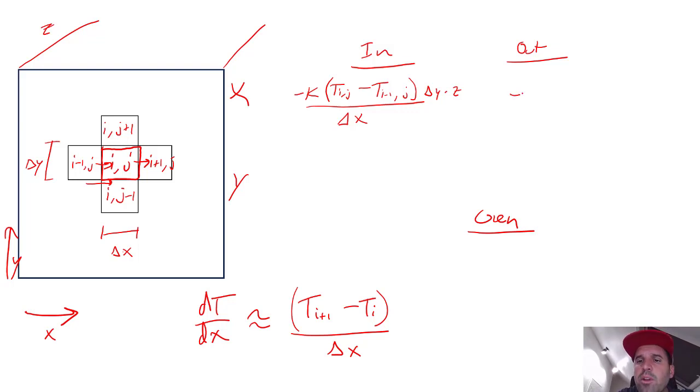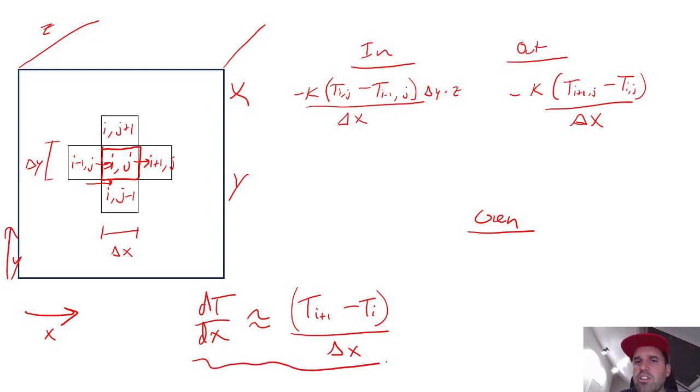So our out term would be minus k times T_{i+1,j} minus T_{i,j} divided by delta x. Again, just as a reminder, we're using this finite difference approximation method. The cross-sectional area is the same, so that's delta y times z.